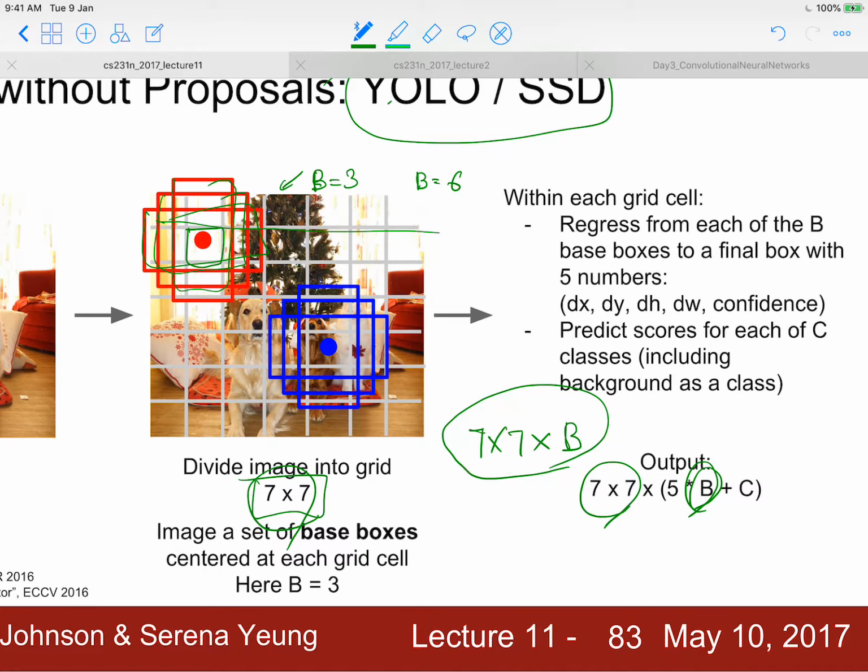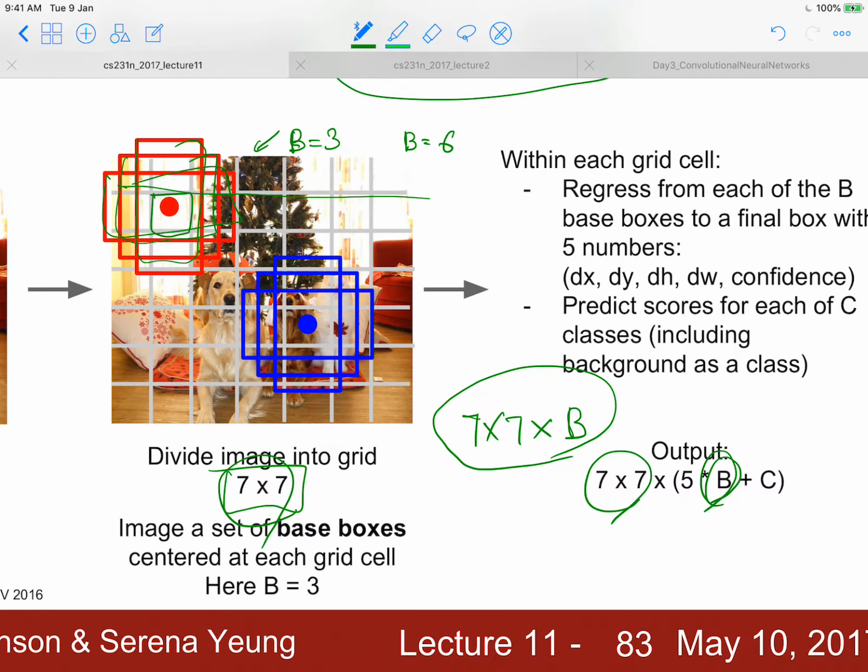Okay, so for each of them, we actually perform the regression on the exact position of this bounding box, and that way we obtain these 5 different numbers to perform our regression on.